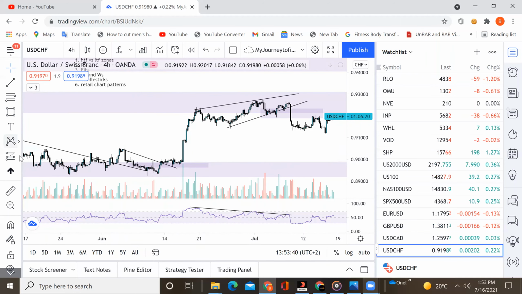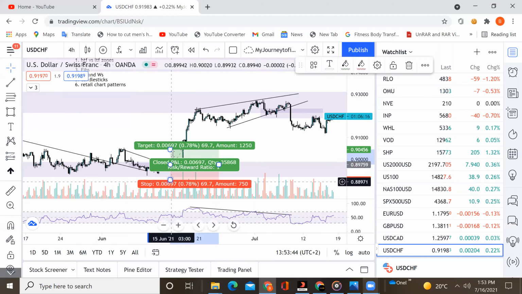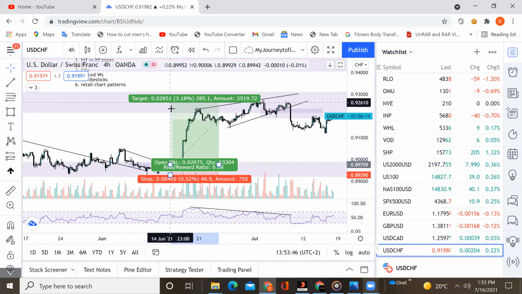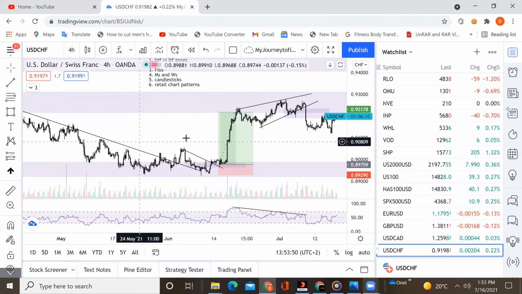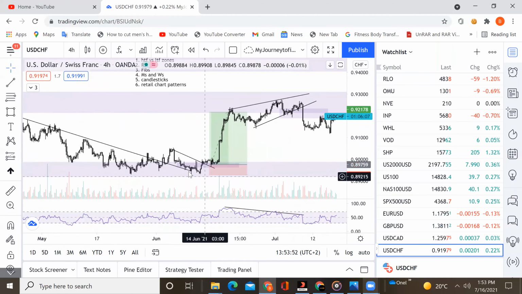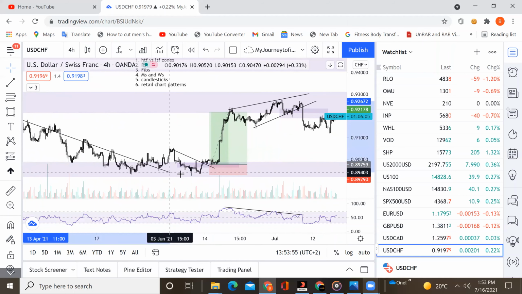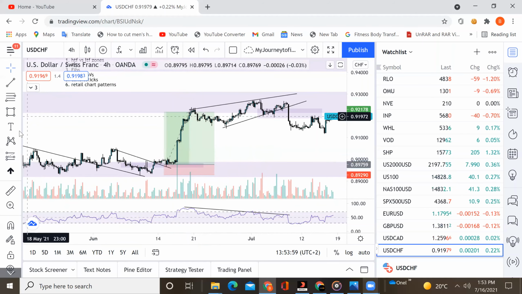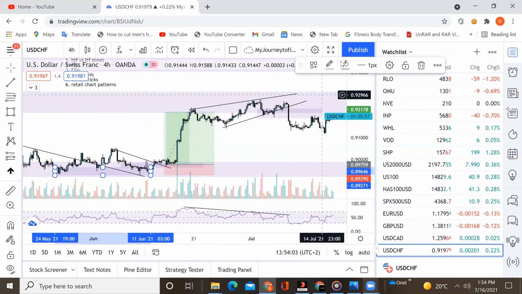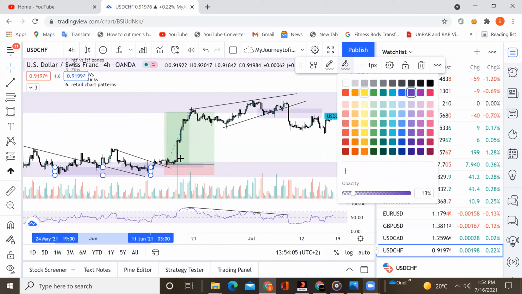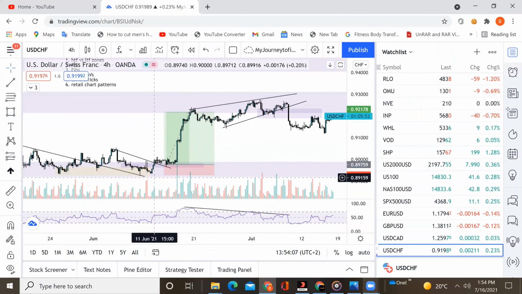And if price touches there, nothing is stopping you from entering at this level and then riding price up to higher prices. Here, nothing is stopping you. You mark the previous support zone, you enter at that level, you ride price up.